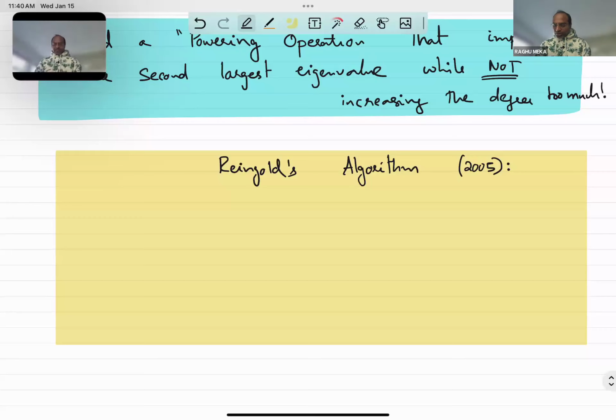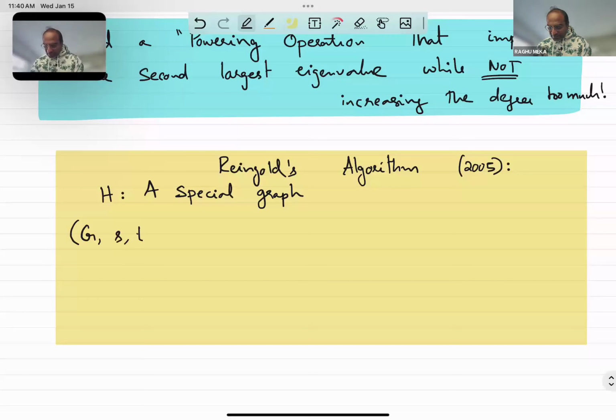Okay. So we're going to start with a special graph, which we'll call H. It's a fixed graph with some number of vertices, maybe 16 vertices, 10 edges, some fixed, special graph, right? So we have G, S, and T. Remember, this is 4 regular. We are going to assume that.